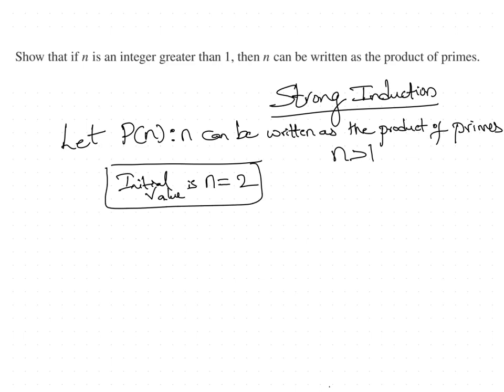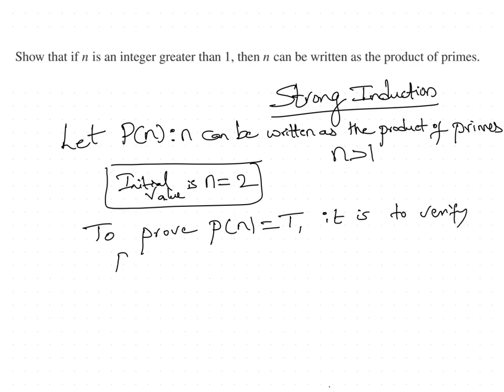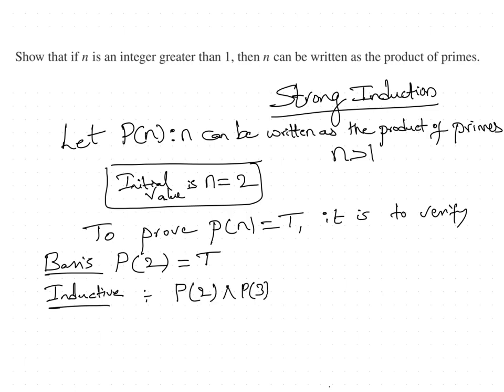This initial value is used in the basis step. Okay, to prove P of n is equal to true, it is to verify the basis step, that is P of 2 is equal to true, and the inductive step, it is to show P of 2 and P of 3 up to P of k implies P of k plus 1 is equal to true.